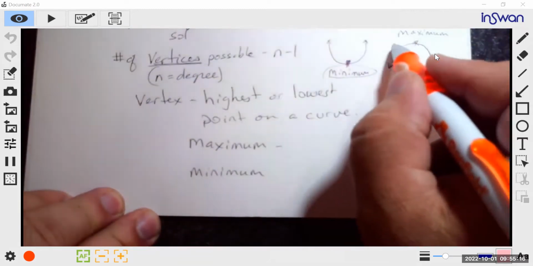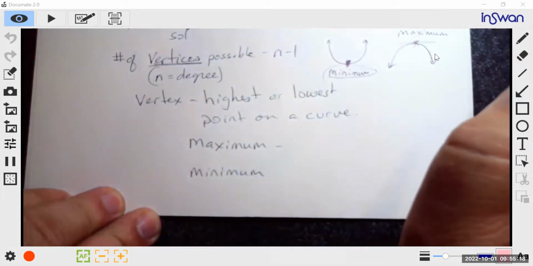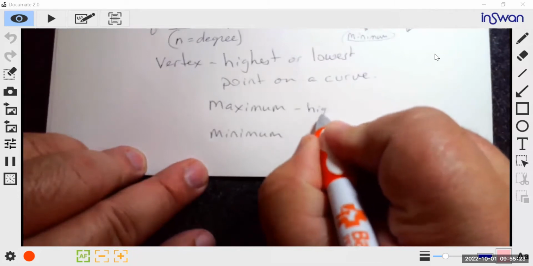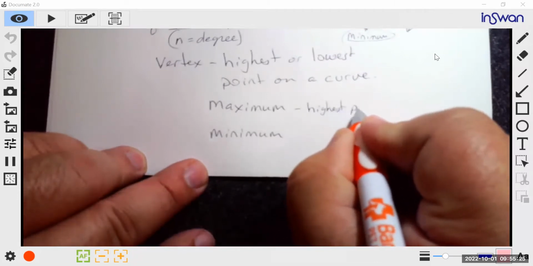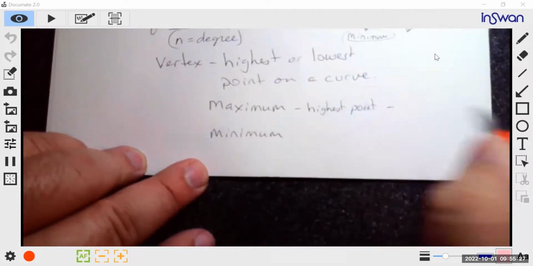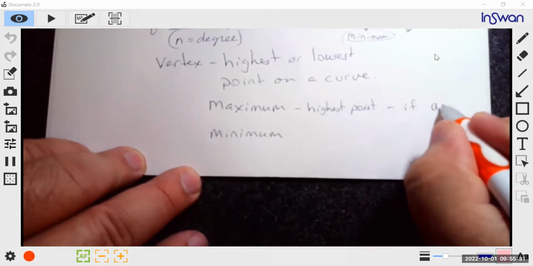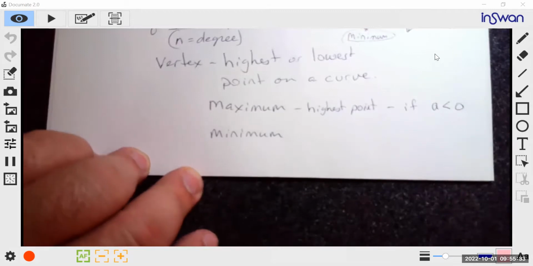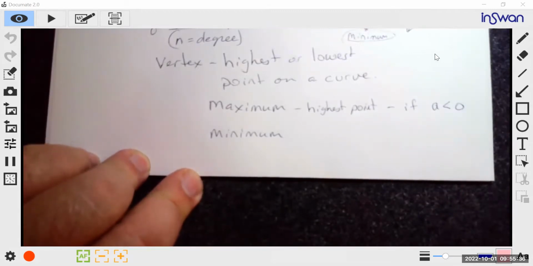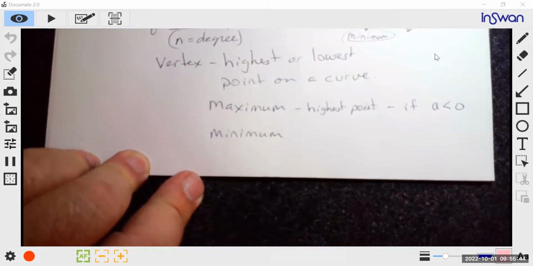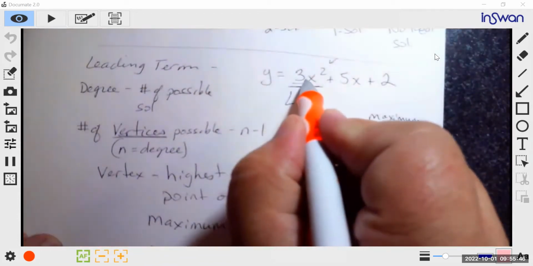The maximum is the highest number possible. So you have a maximum, the highest point, and you know you have that if A is negative. What is A? Yeah, A is the leading coefficient.